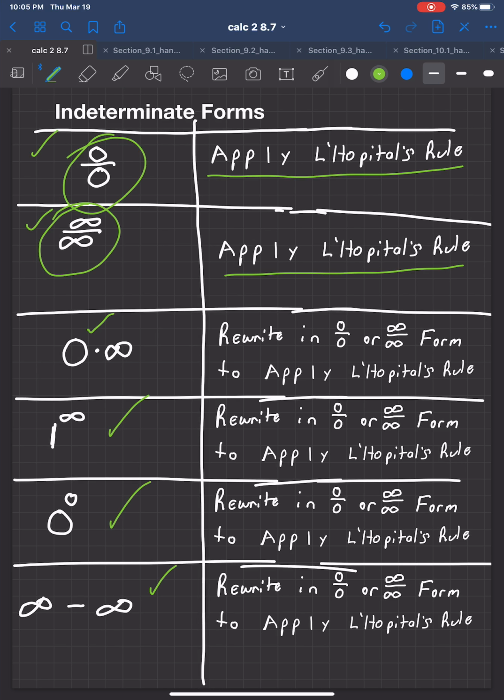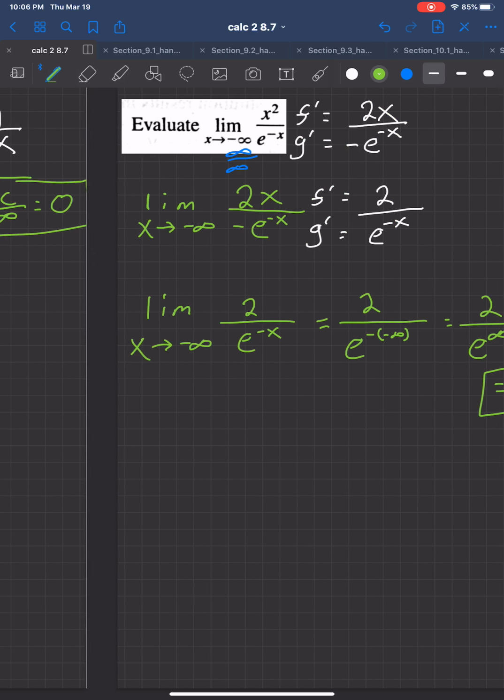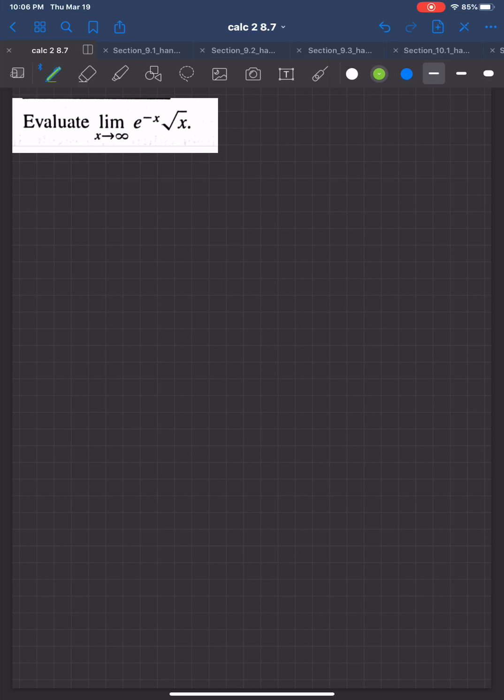But notice the goal is going to be, can we rewrite it in a 0 over 0 or infinity over infinity form? Because if we can, then we can just go ahead and apply L'Hopital's rule. Okay? So let's go ahead and take a look at our limit.